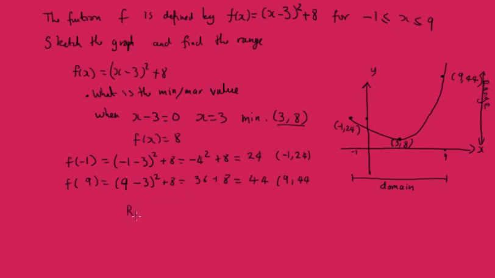So the range is the minimum value, so the minimum value is going to be 8, so it's not 24, it's the minimum value of the shape of the function within that domain. It's going to be 8 less than or equal to f of x less than or equal to, now the maximum value is 44. So I hope that helps.